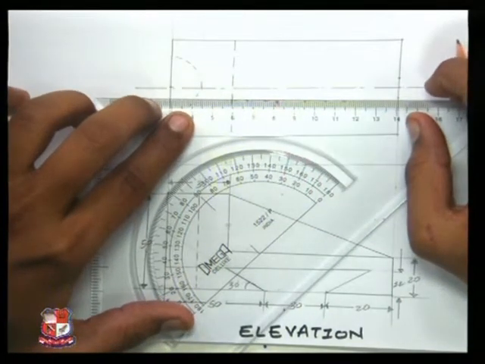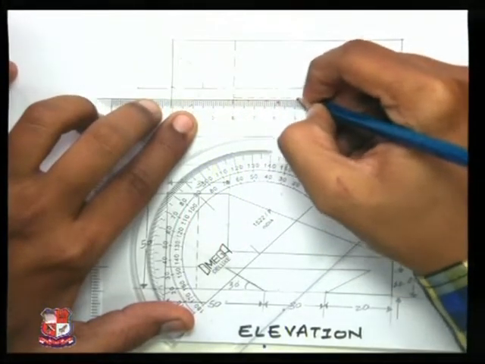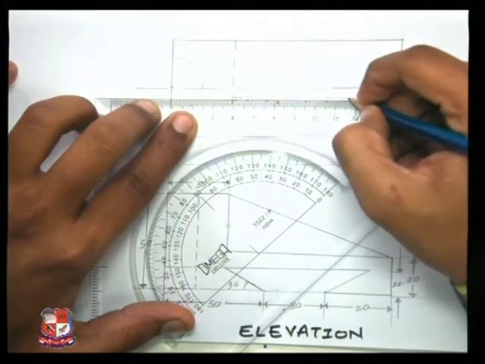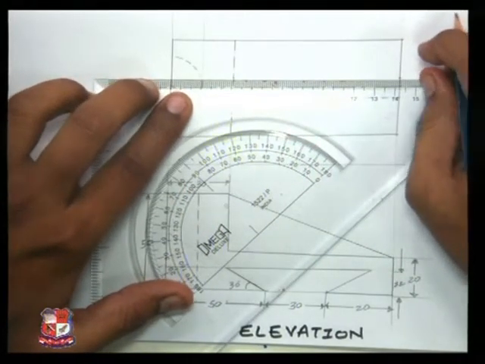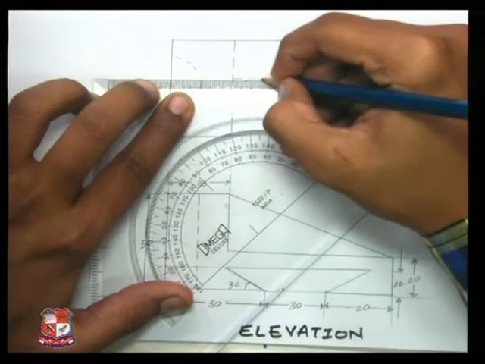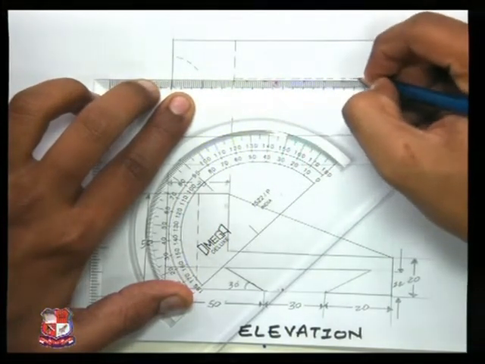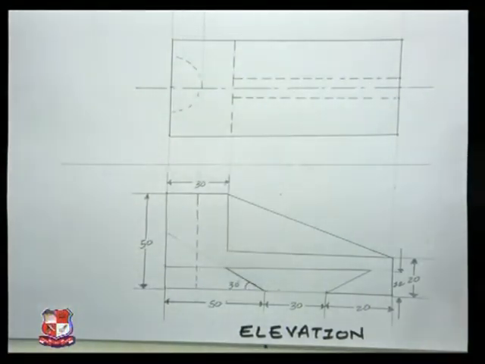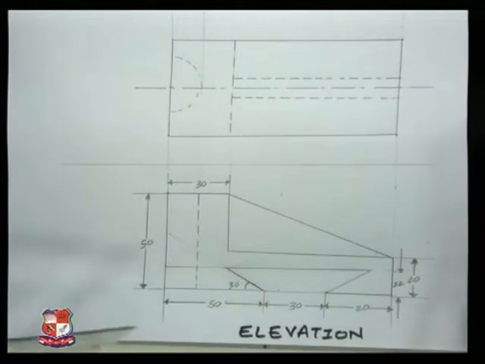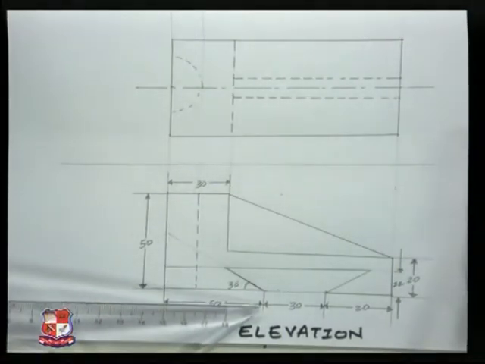Again that would be in the hidden lines only. Now we can see this portion clearly visible from it.